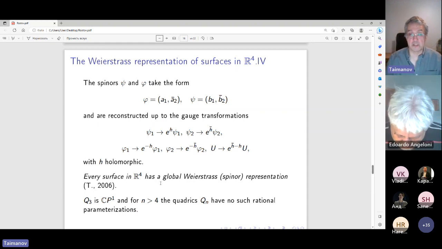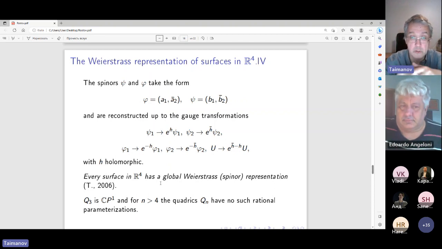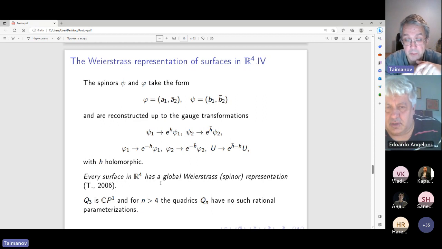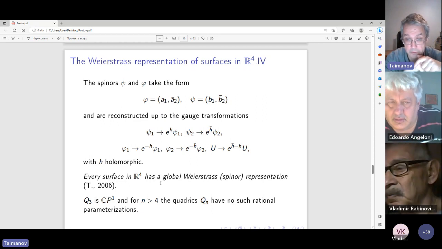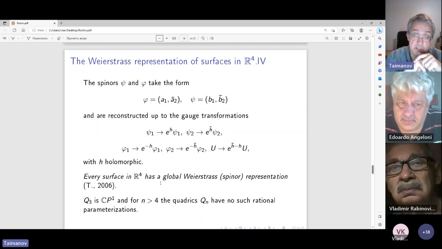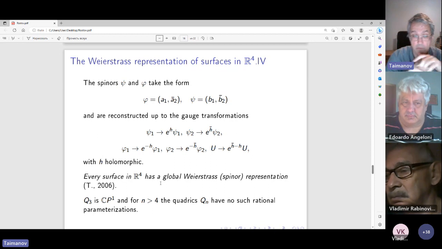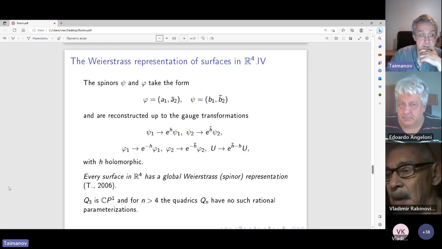For every surface with trivial topology, we can get these spinors φ and ψ. But if the topology is non-trivial, they are not functions; they are sections of some spinor bundles over the surface. This is a generalization of the Weierstrass representation of surfaces in R4. Well, in this case, in R3.